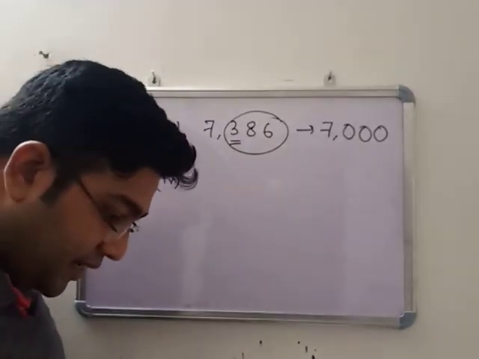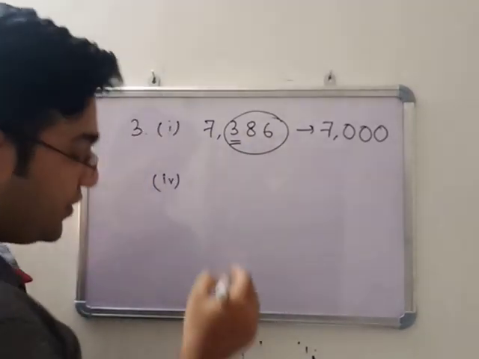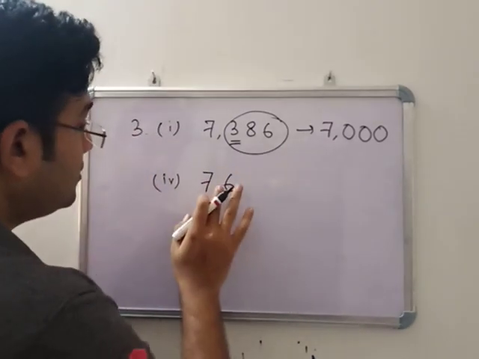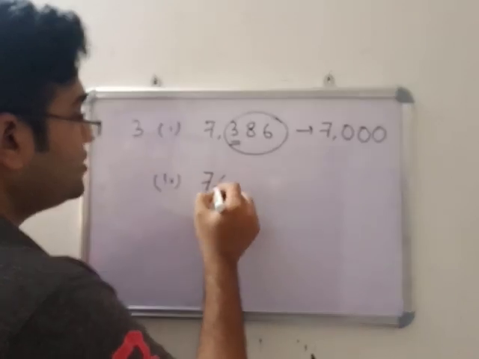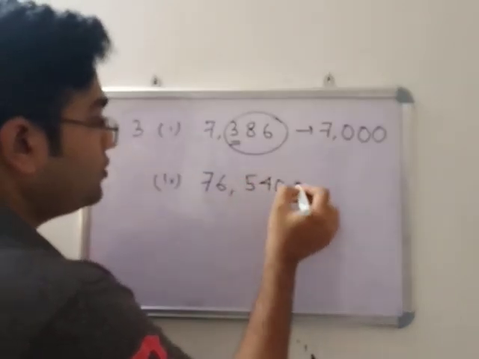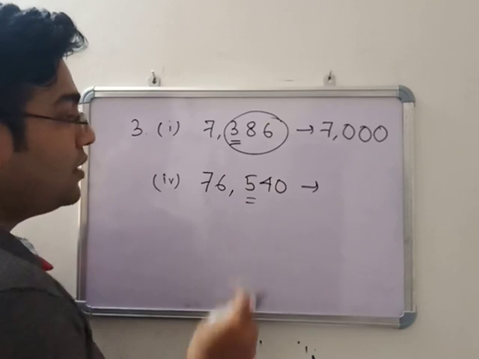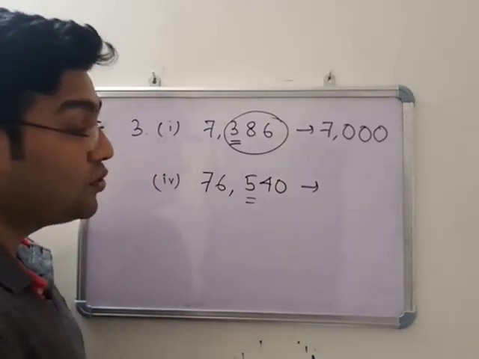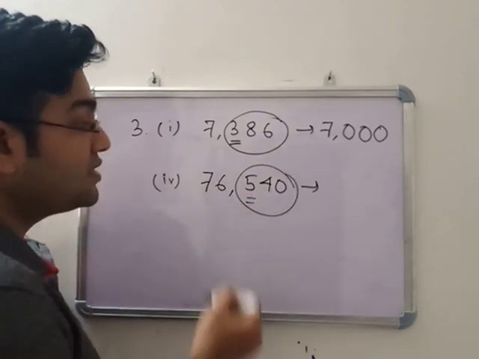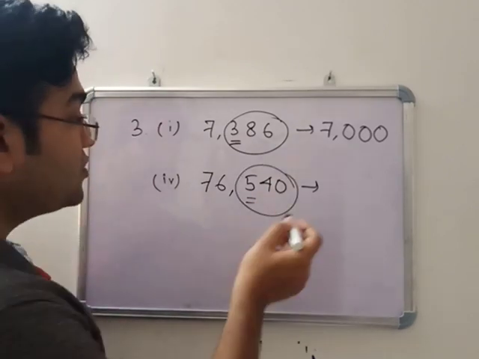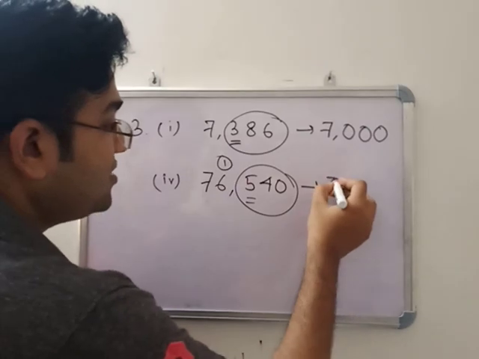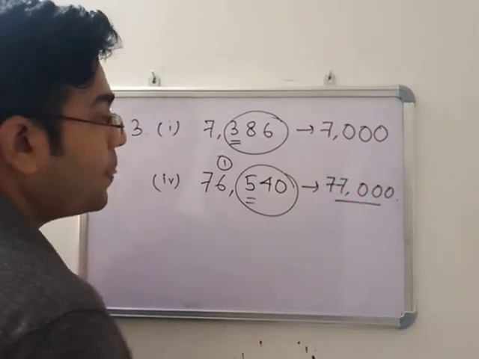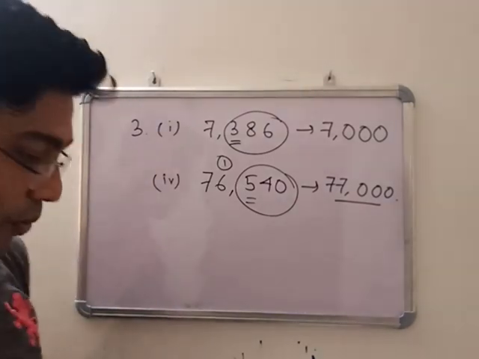In number 4, see that 76540. So here the number given is 5. So that means this is greater than or equal to 5, and this number is also greater than 500. That means 1 is added here. That means 77000. Okay, note it down all of you.